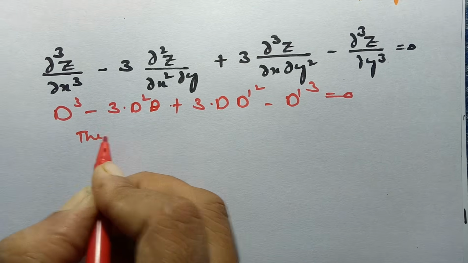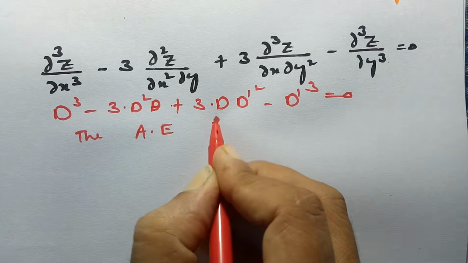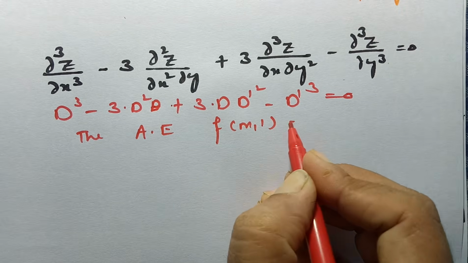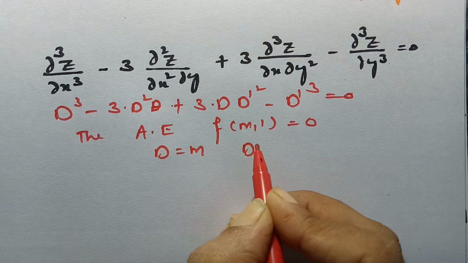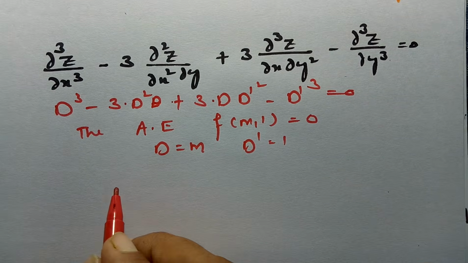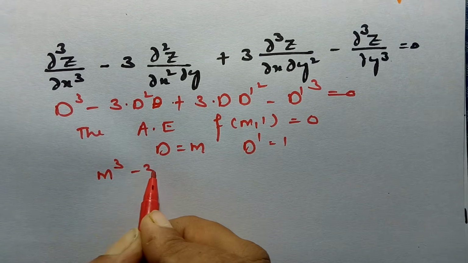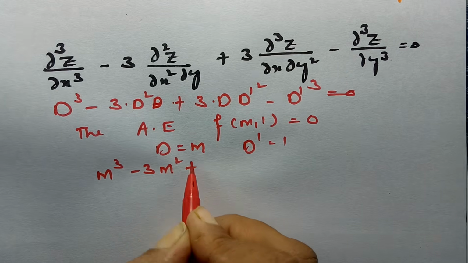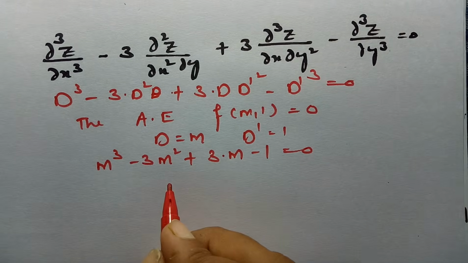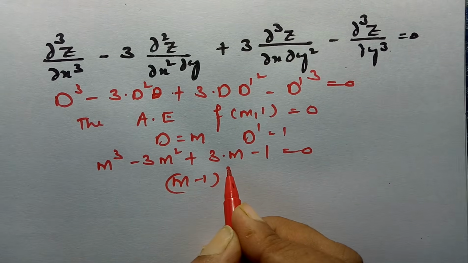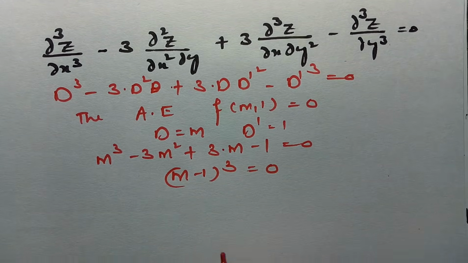Now the auxiliary equation is f of m comma 1 is equal to 0. So in place of D I have to write m, and in place of D dash I have to write 1. So it will be m cube minus 3m square plus 3m minus 1 is equal to 0, which is nothing but (m minus 1) whole cube is equal to 0.